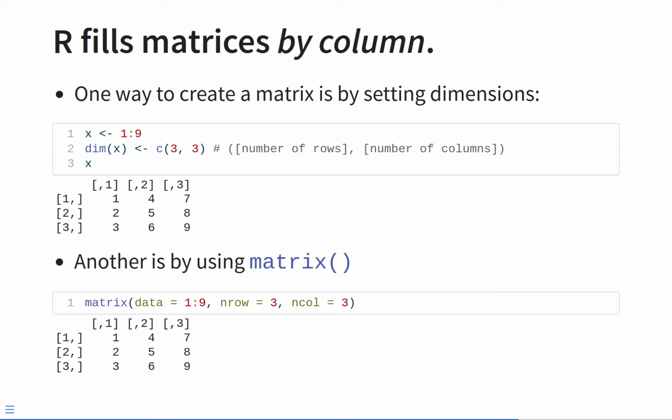Another way to create a matrix is by using the matrix command. So the matrix command requires 3 arguments, the data, nrow, and ncol to specify the number of rows and the number of columns. Here, data is an atomic vector. And we see that we're getting exactly the same result as above, but by a slightly different means.